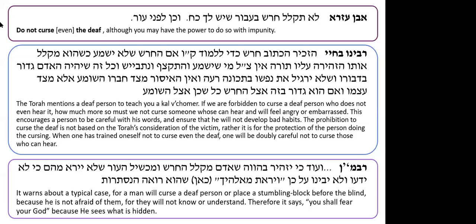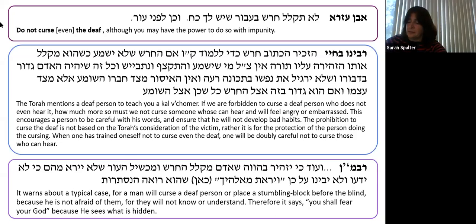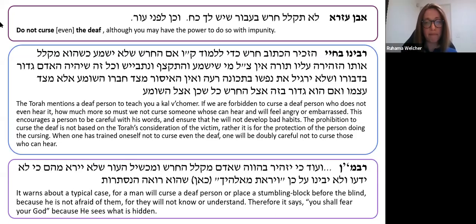The Ibn Ezra, why? The second two are more giving advice for yourself, how to better yourself afterwards, why you can't do it. The first one is more factual. So almost, I would say the Ramban also is concerned. The Ibn Ezra and the Ramban are both concerned about the blind or the deaf person who's vulnerable, and that the Torah is looking to protect them.